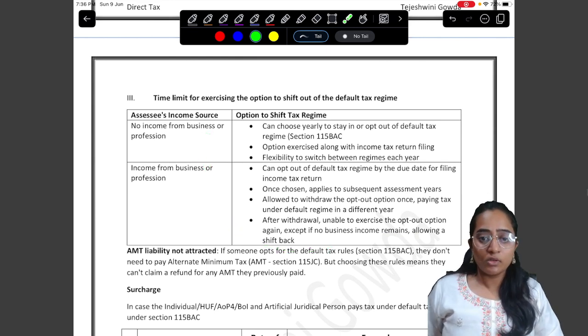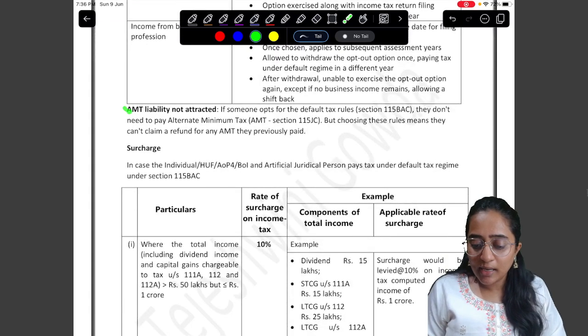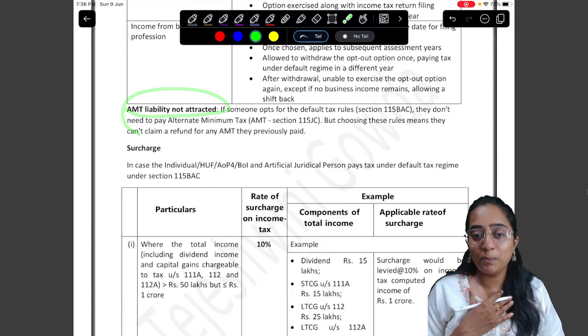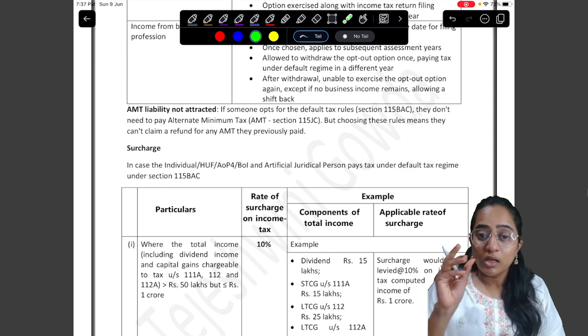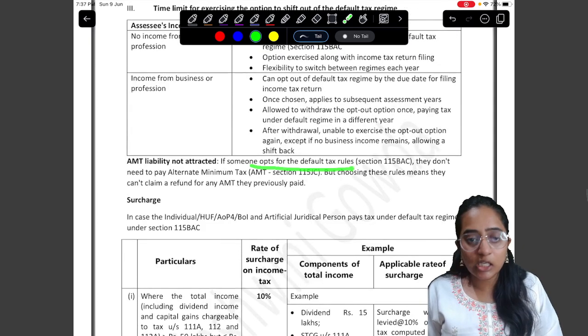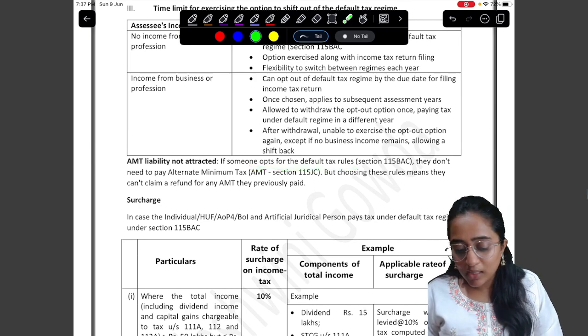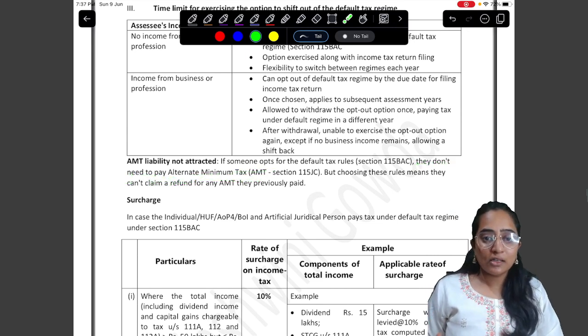Simple, everyone. Now, the AMT liability is not attracted. Remember, AMT is alternate minimum tax. If someone opts for this default tax regime, they don't need to pay the alternate minimum tax.